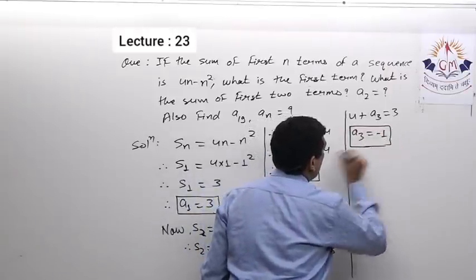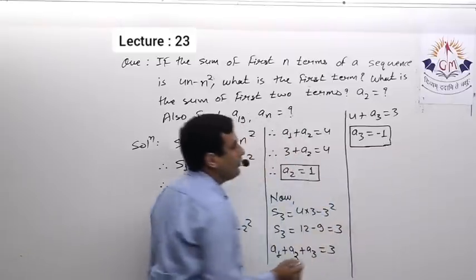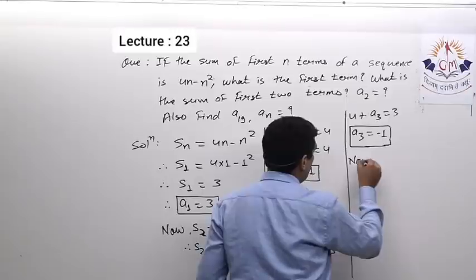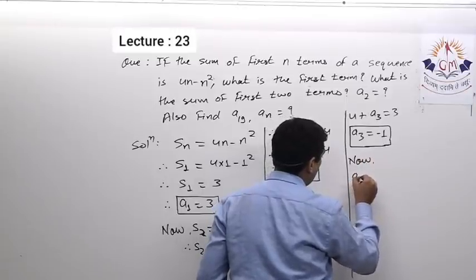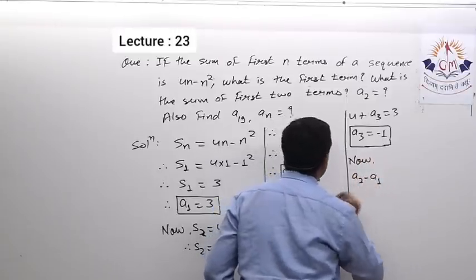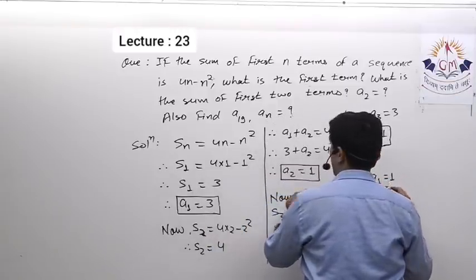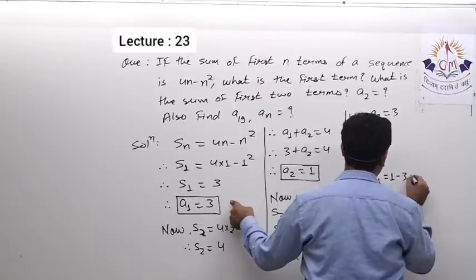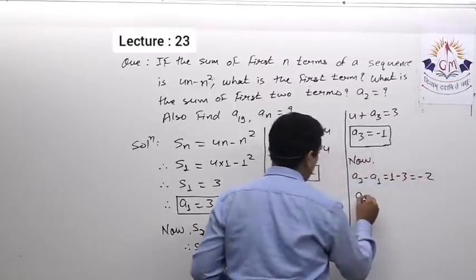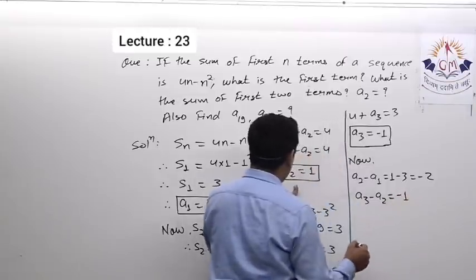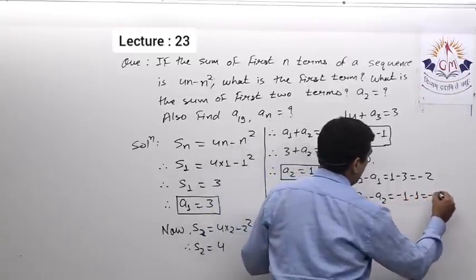Now to check this, I have to check a2 minus a1. a2 minus a1 is what? See, a2 is 1 minus a1, that is this, so minus 2. Then a3 minus a2, a3 is minus 1 and a2 is 1, that is again minus 2.